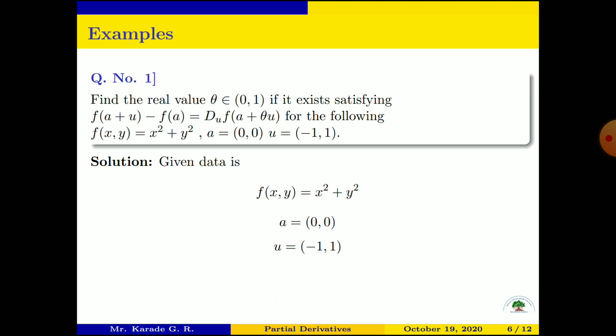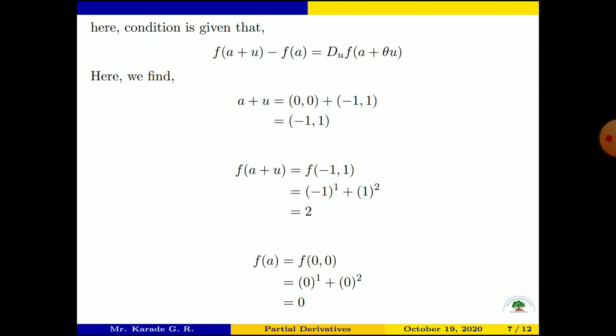Keep in mind all these values and the function. Here the condition is that f of a plus u minus f of a is equal to du f of a plus theta u, and we have to find the value of theta. We satisfy this condition for the given function, given point and given vector.